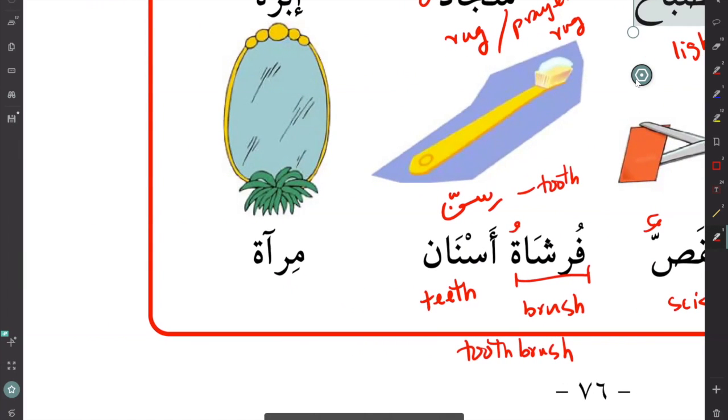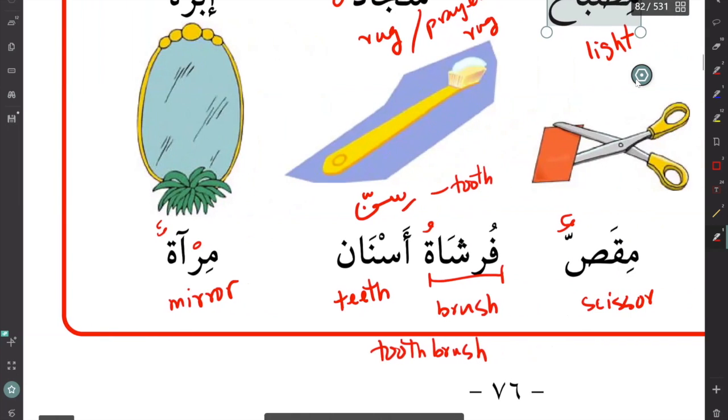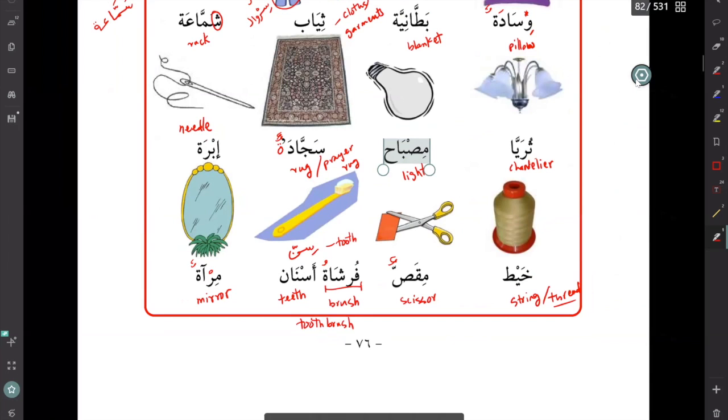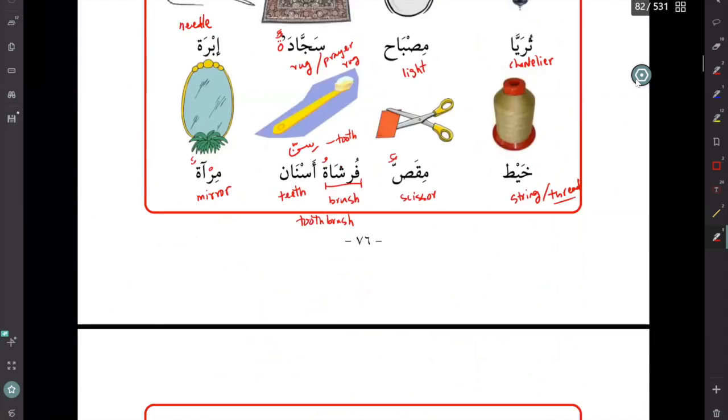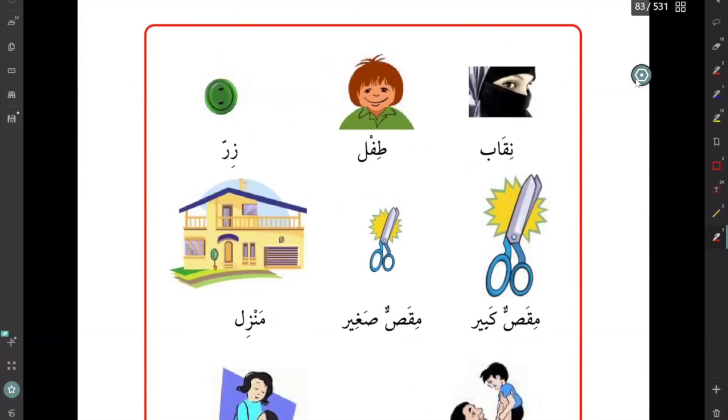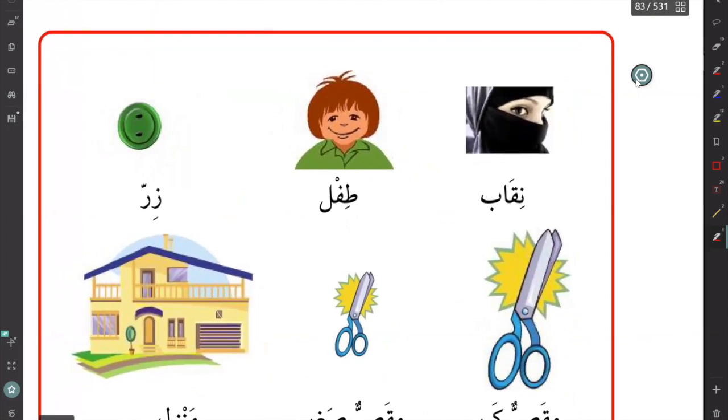Then we have mir'atun. Mir'a is a mirror. Sounds like it, right? Mirror. Mir'a is mirror. So I think, oh, that's a lot more words. So alhamdulillah, we have a lot of words in this chapter. So next set of words, we have niqab. Niqab is this face covering. Then we have tifl.